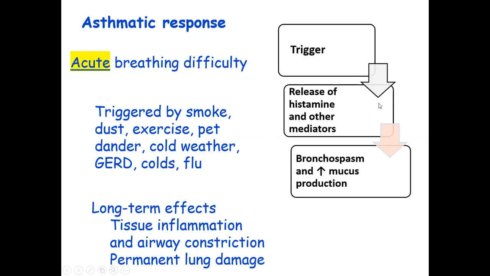That trigger stimulates the release of histamine. That's why whenever we talk about antihistamines, we have histamine 1 antagonists. Those are the ones that you think of for runny nose, sneezing, watery, itchy eyes. Histamine 2 is the one for the gastric parietal cells. So when you release the histamine and other mediators, it causes bronchospasm and increases mucus production.